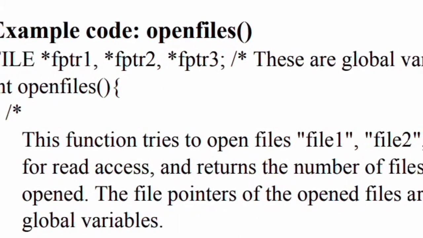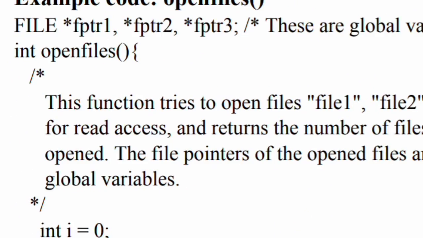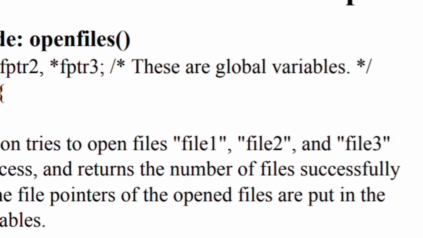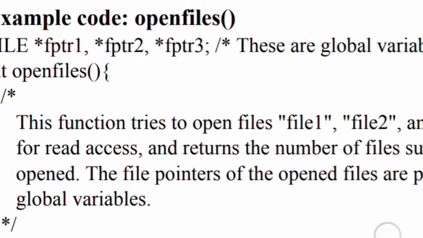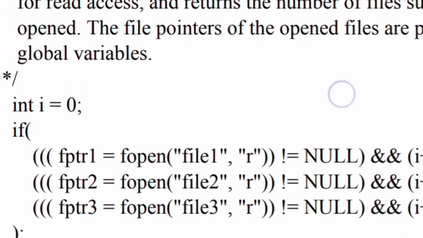Here we take the program code, openfiles. There are three file pointers: FPTR1, FPTR2, FPTR3. This function tries to open files file1, file2 and file3 for read access and returns the number of files successfully opened.